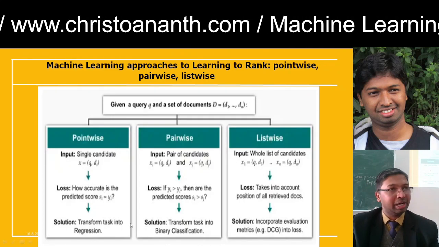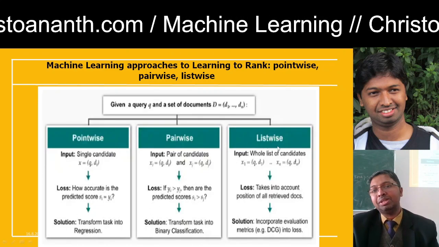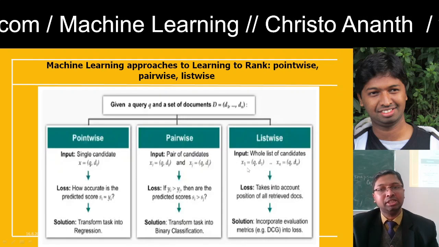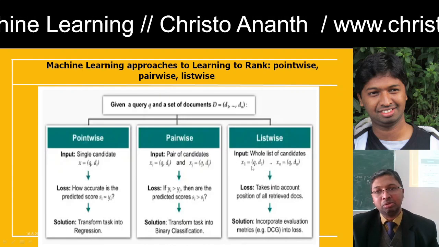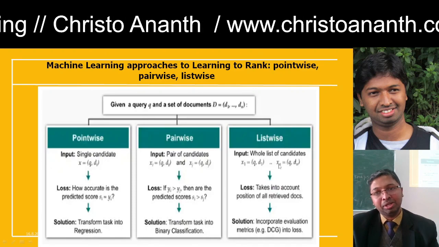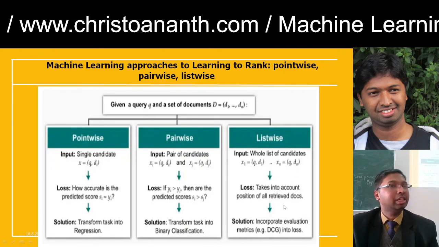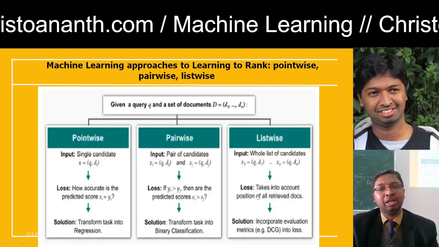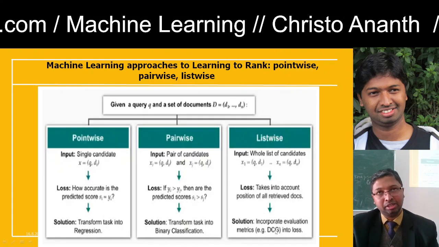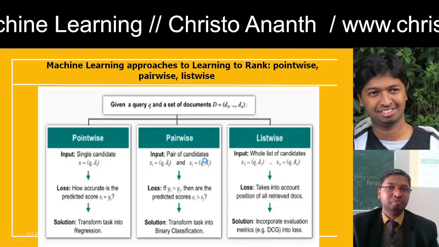The solution here would be binary classification. Then for list-wise, you will have the whole list of candidates, so x1 is equal to q comma d1 up to xn is equal to q comma dn. Now you are going to take into account all the retrieved documents, and you will have discounted cumulative gain for the loss as well.